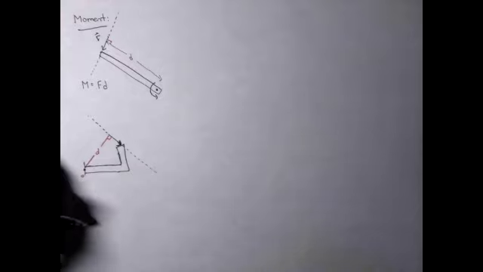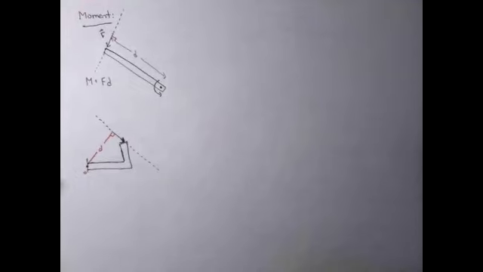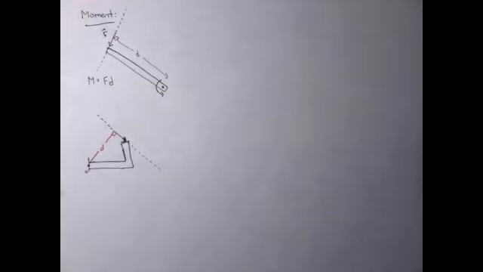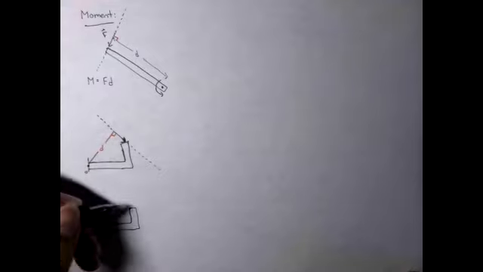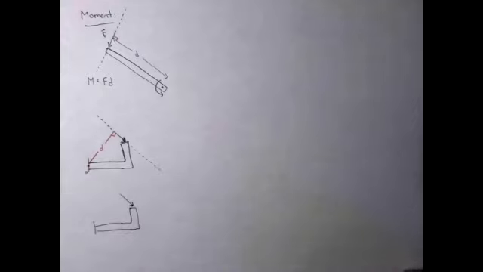We mentioned that if we did not have the tools necessary to calculate that distance d, then instead of trying to find the distance d, we could split the force up. So I'm going to draw my force vector again, but we could split this force vector into its x and y components.